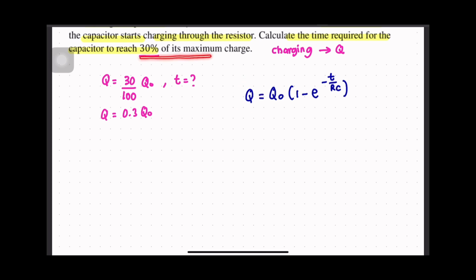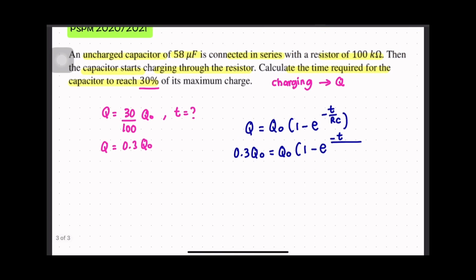Kalau dia kata to reach 30% of its maximum, maksudnya kita nak Q dia pada 30% daripada maximum charge. Okay, kita masuk nilai. Q akan jadi 0.3 daripada Q0, then Q0 times 1 minus e negatif T over RC. R means resistor dia adalah 100 kilo ohm.